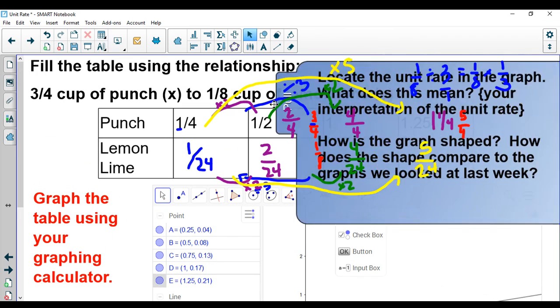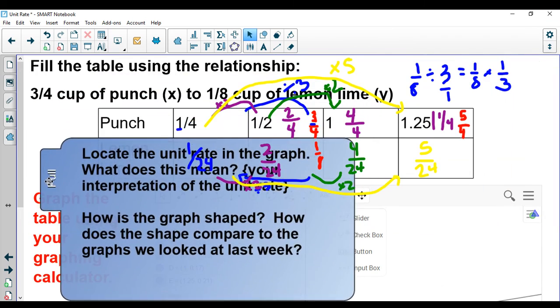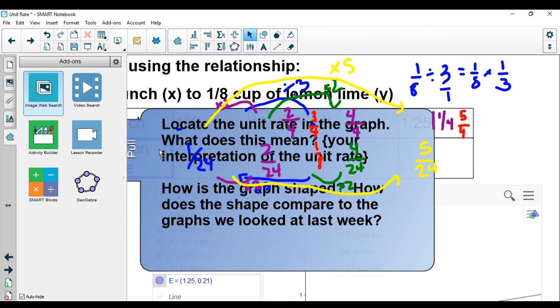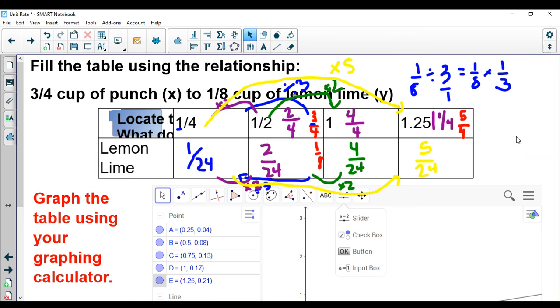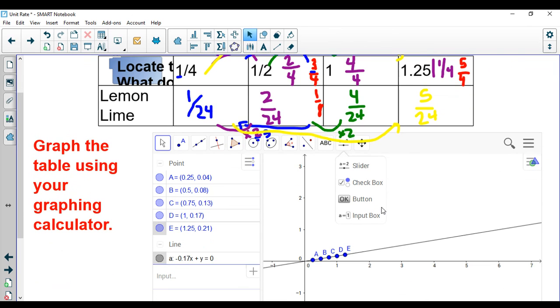Now I can use this to answer some questions. So I can look at this and I can find my unit rate. So my unit rate of 1.